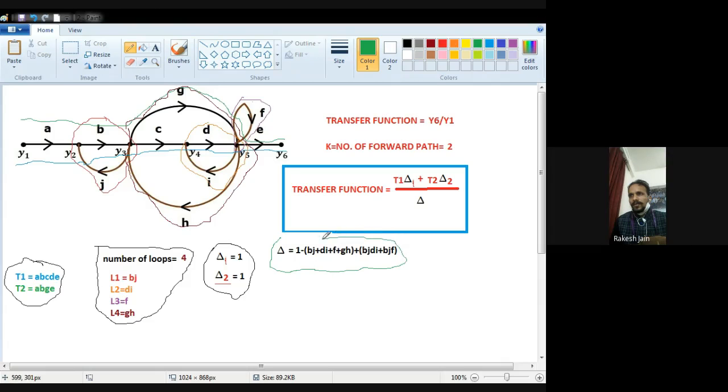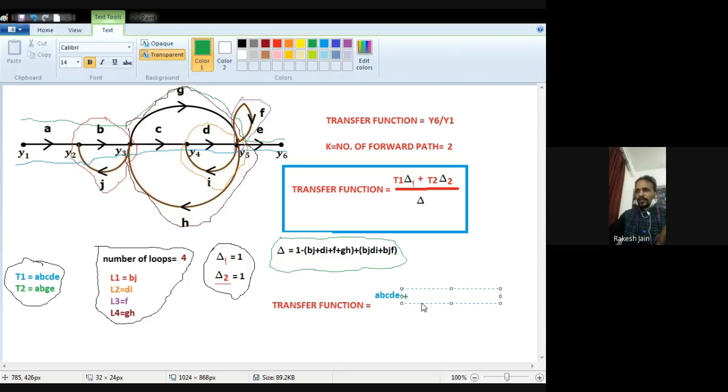So BJF. L1 loop does not touch L3 loop. So the L1 L3 product, that is BJF, we have to sum here. Okay. Then for the rest, L1 touches the L4 loop, L3 also touches the L4 loop, and L2 also touches the L3. Okay. So now the two non-touching loop gain products end.